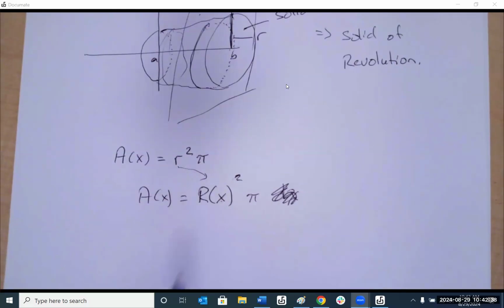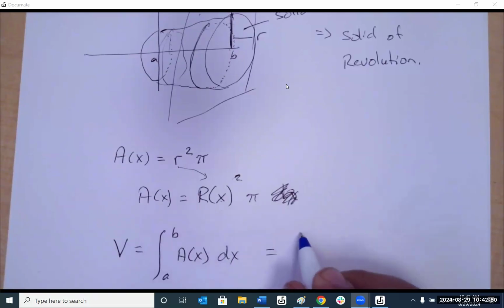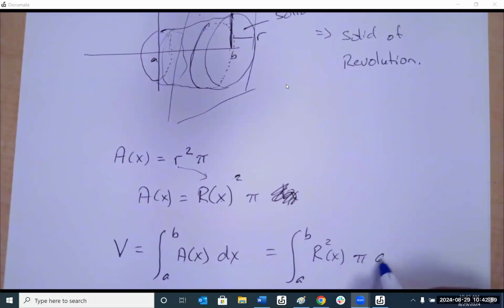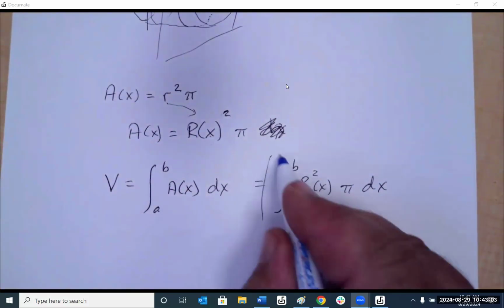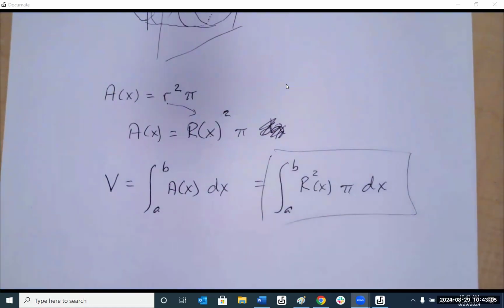So the radius is a function of x. That means our volume is the integral from a to b of pi times R of x squared dx. So that's our new formula when we deal with the disk method.